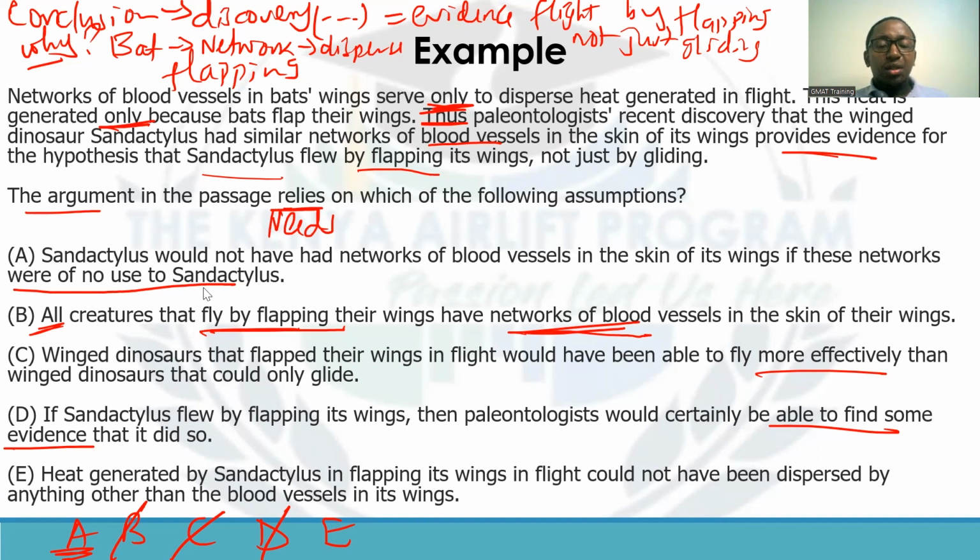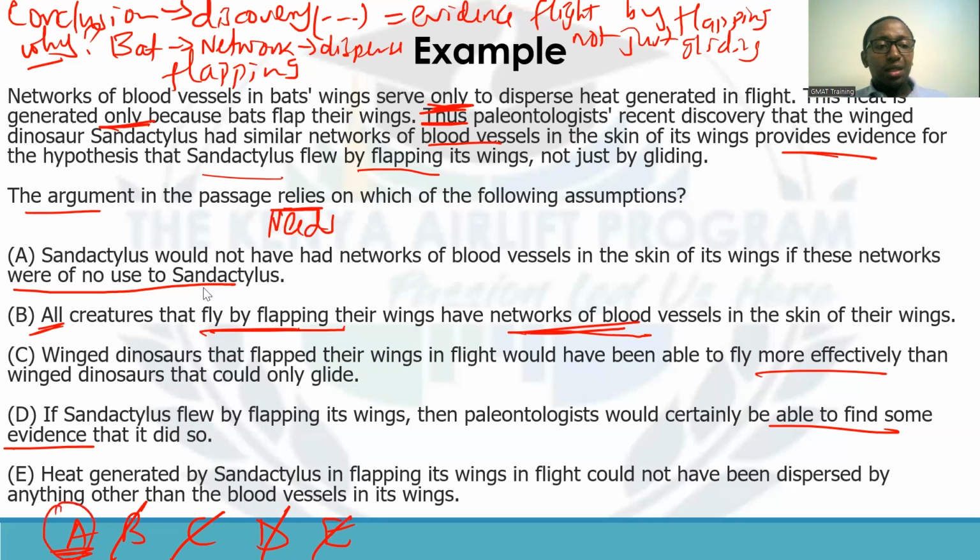Definitely not, because it doesn't say that if another body part disperses this heat, the wings still do not disperse heat. So it would be possible that this evidence can still stand, even if the assumption is false. So for that reason, if the assumption E is removed, the conclusion still stands, so we can eliminate E.